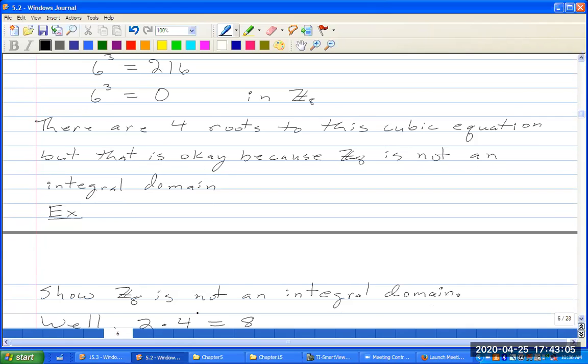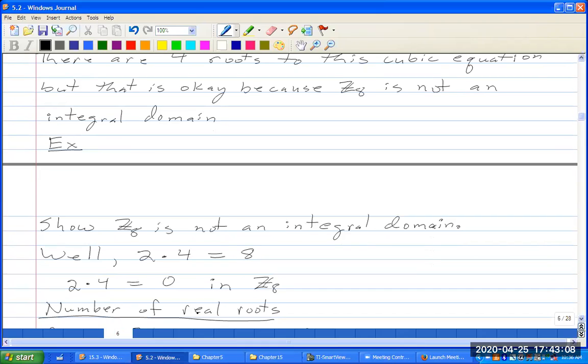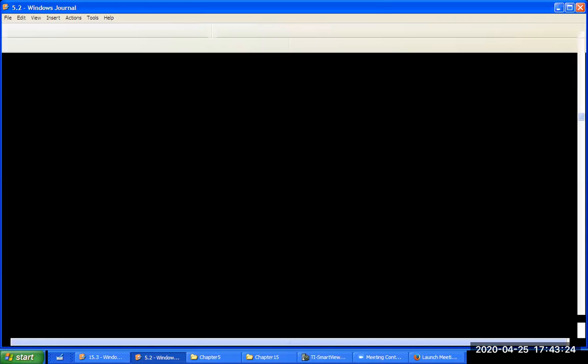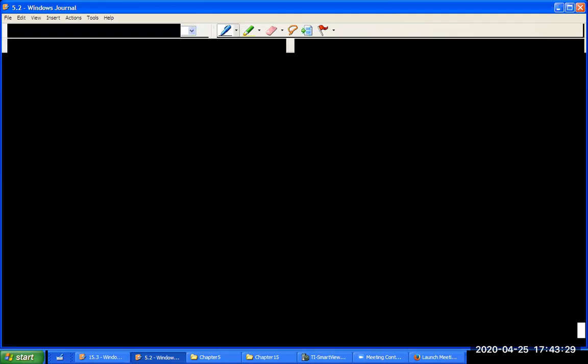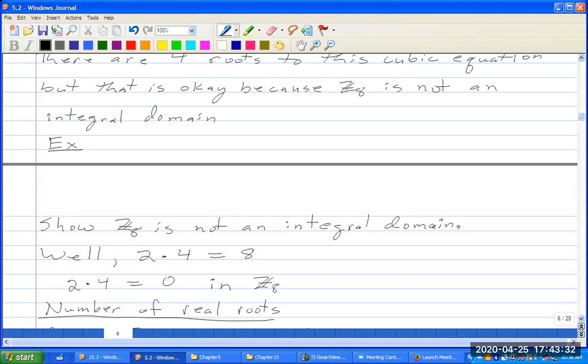Another example. Oh, show that Z8 is not an integral domain. So let's do that. Well, an integral domain is an algebraic object where the zero factor property holds, meaning that if A times B is 0, then either A is 0 or B is 0.